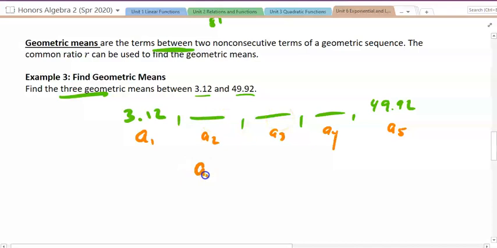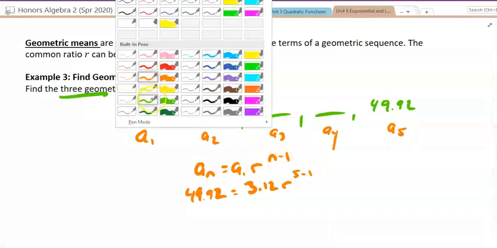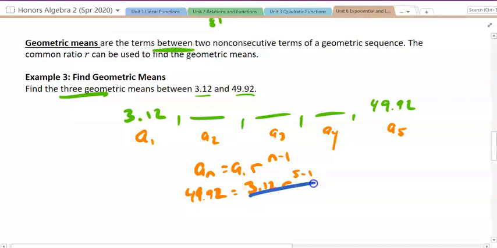And so I'm going to use a sub n is equal to a sub 1 times r to the n minus 1. And so I'm going to get the 49.92 is equal to 3.12 times the r. What is my n? It would be the upper term, so it's going to be the 5. So to the 5 minus 1 power. Dealing with the order of operations, I'm going to divide both sides by the 3.12.